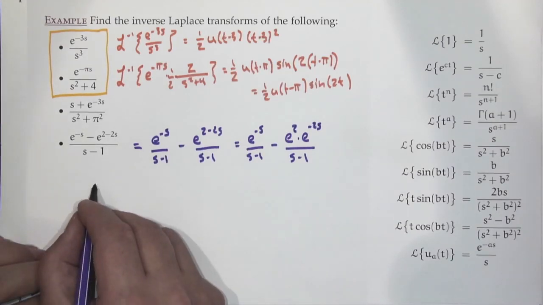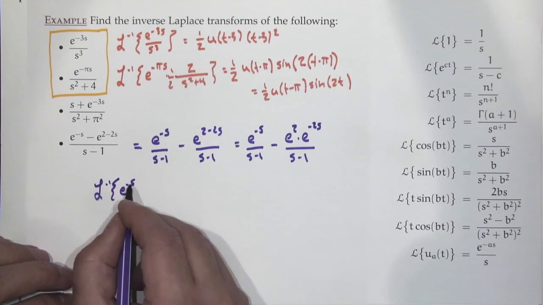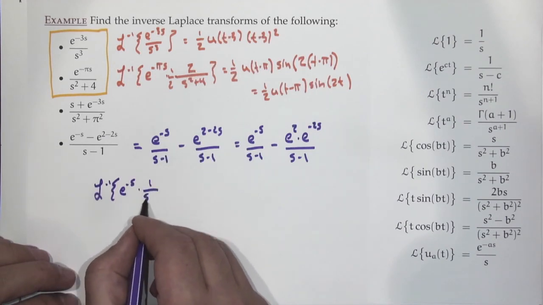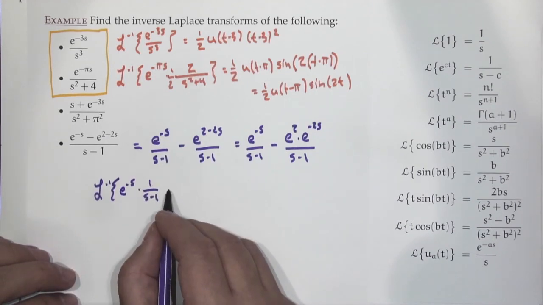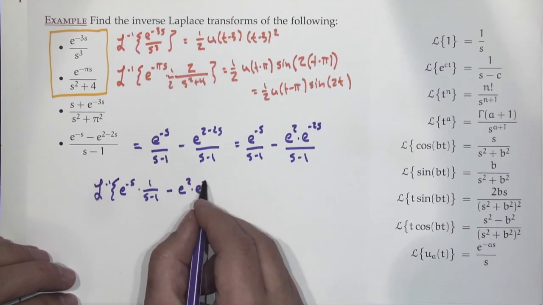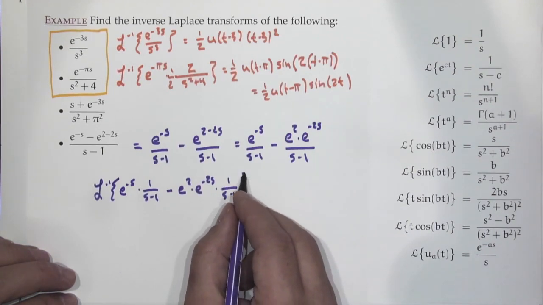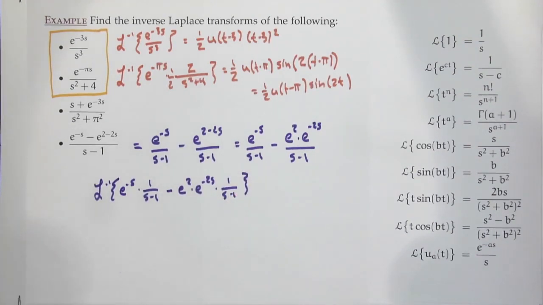So when we think about this inverse Laplace, we'll have e to the minus s, 1 over s minus 1, and then subtract e squared, e to the minus 2s, 1 over s minus 1. Okay, now normally 1 over s minus 1, what would that go to?